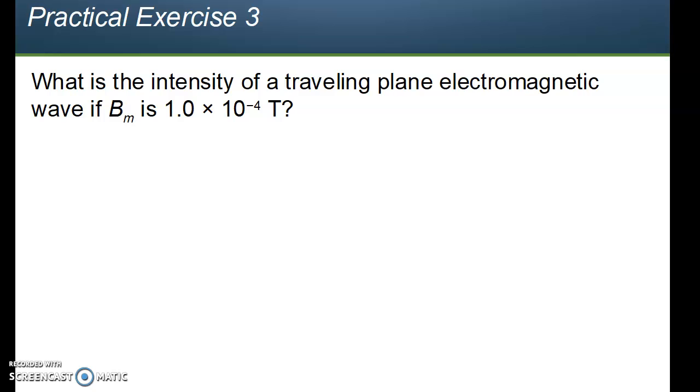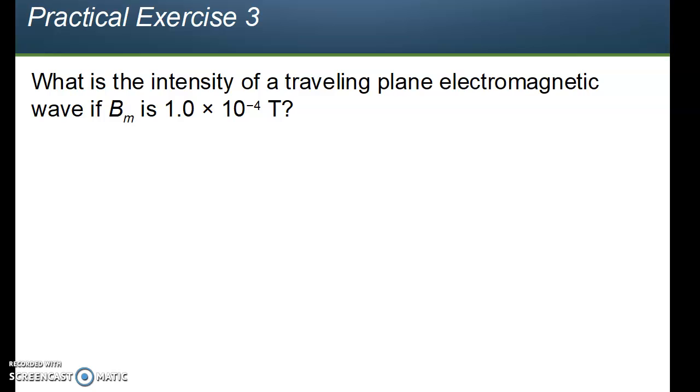And what's the intensity of a traveling electromagnetic wave if B sub m is 1.0 times 10 to the minus 4 teslas? Okay. Now the first thing is that the intensity is the average of the Poynting vector, right?